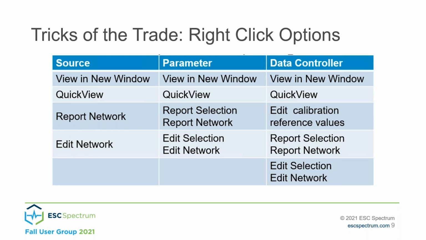So if you have an array of objects that are selected, and you know that they're selected with the dark gray highlight around the object, if you right-click any of those selected objects and you hit Report Selection, it's going to bring up a StackVision average data report automatically and showing you all of the selected objects in that report. The only thing you have to do is change the dates to view the data in the report format.